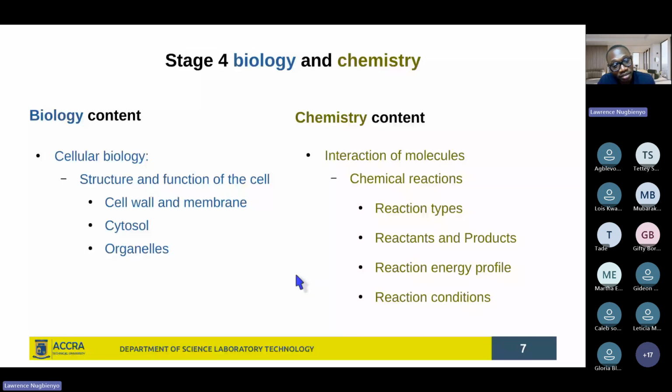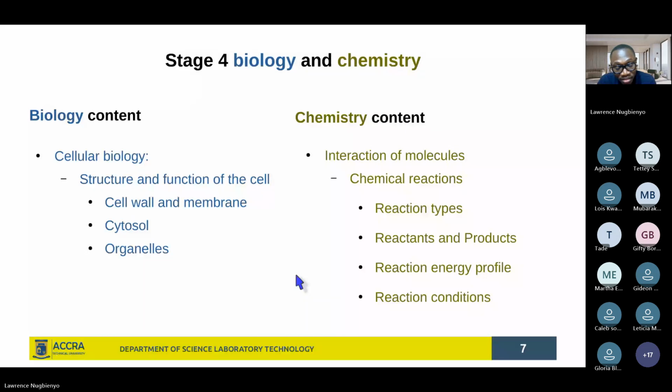That's when you start talking about chemical reactions. You talk about which type of reaction is occurring. You classify the reactions in many ways. Is it an exothermic reaction? Is it an endothermic reaction? Is it a reduction reaction or an oxidation reaction? That's when you start talking about what you refer to as redox reactions, so oxidation or reduction reactions.